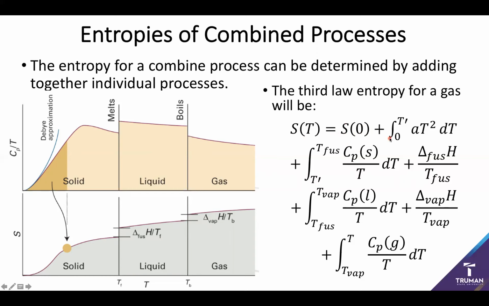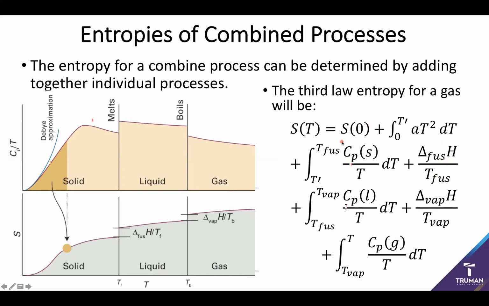Then we can use our Debye extrapolation to get us to another value at which we can switch over to the heat capacities that are much more reasonably provided by an empirical equation of the solid behavior. After this point, we can get back to our usual values based on the enthalpy of fusion and vaporization and the heat capacities of our liquids and gases. But being aware of this odd behavior under the low temperature limit is actually quite important.